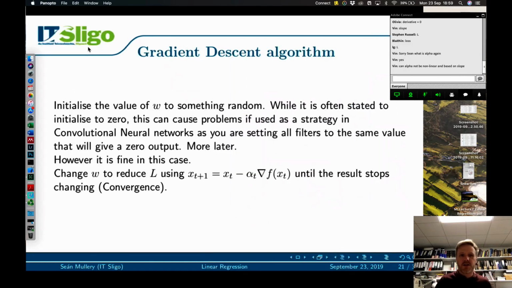So we initialize it to something like 0. You change W to reduce L using this formula here, which, as I said, we can put W into. So instead we'll be putting in WT here in each case rather than XT. And you keep doing that until the result stops changing, which we call convergence.